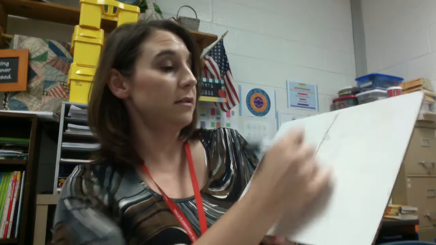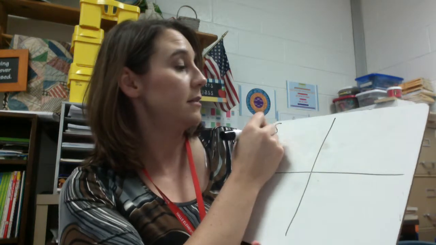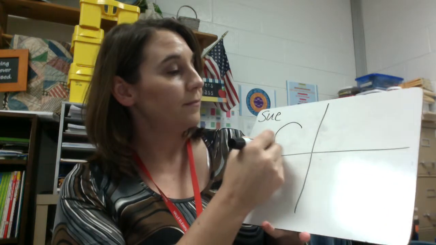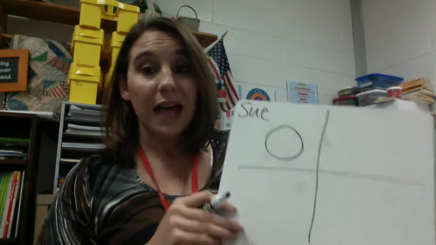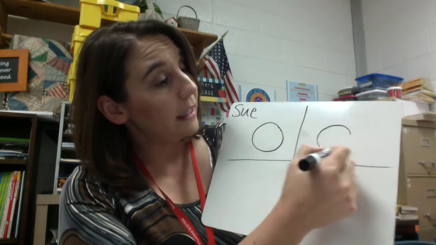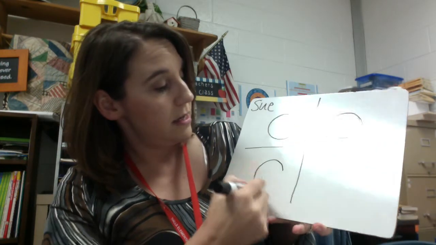If I know that Sue eats 1/3 of her pie, and I wanted to draw a picture to figure out just how much Sue has eaten, let me draw Sue a pie. Actually, I could go ahead and give everybody their pie.